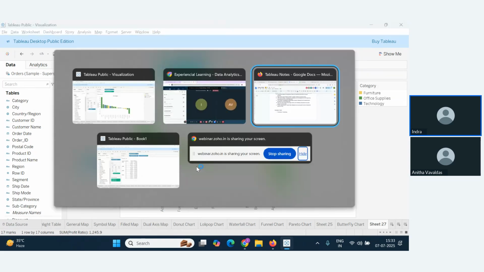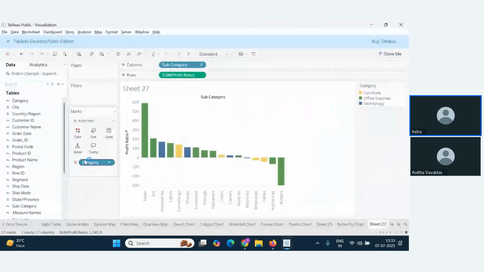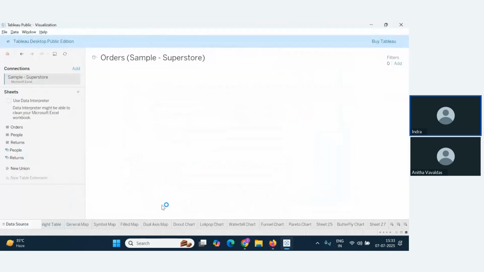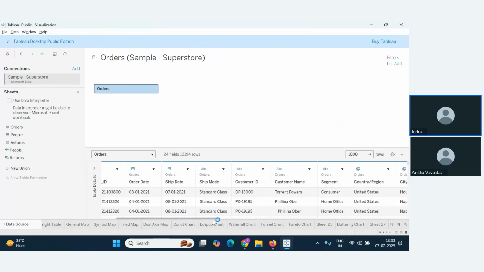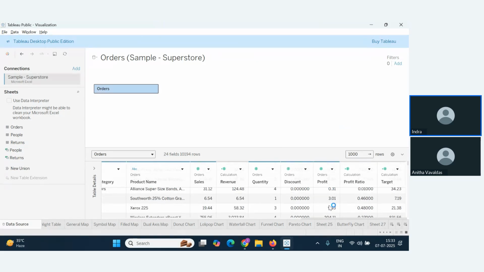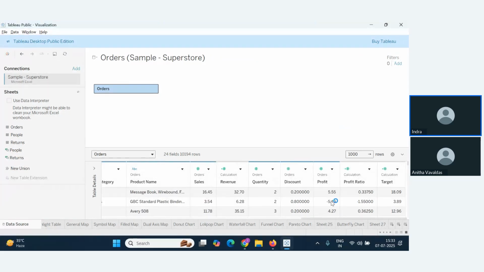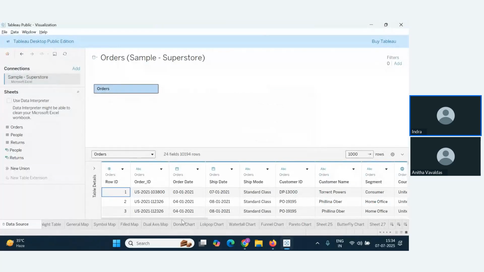Similar to this, let's say in your data set, you can see that you have a field called profit, right? In this profit, you have different values. Profit from negative to positive, right? So what I want to do, I want to create another field here which talks about the profit order.